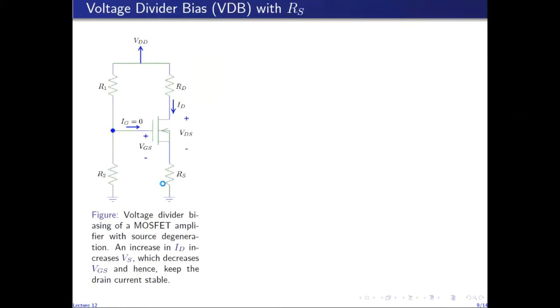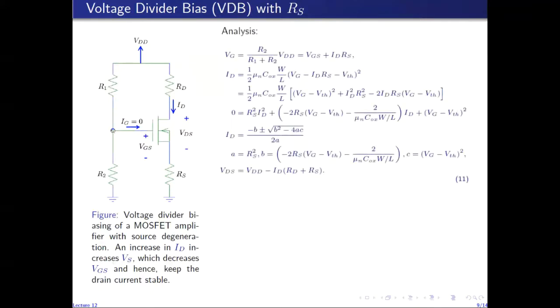So in this circuit, you can see that the gate voltage is not equal to VGS anymore. Gate voltage is still given by the voltage division of VDD across R2. So gate voltage is given by this expression, and gate voltage is equal to VGS plus the drop across RS. So VG is equal to VGS plus ID RS.